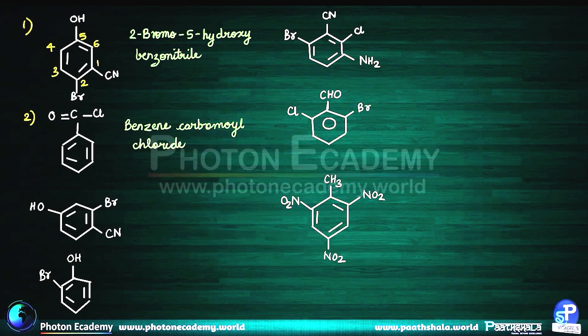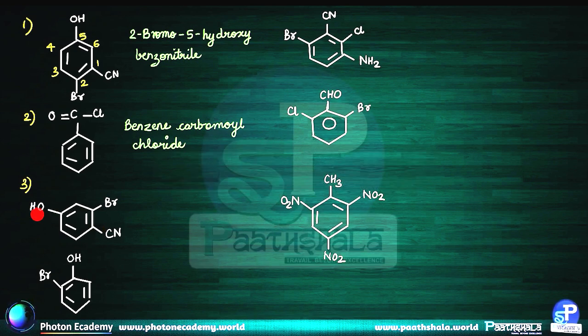In this third one that we have over here, we have the appearance of OH, Br, and CN group. Now here, this CN will have a priority over this OH, and this OH becomes a substituent. So the numbering starts from CN, of course, 1, 2, 3, 4, 5, and 6.